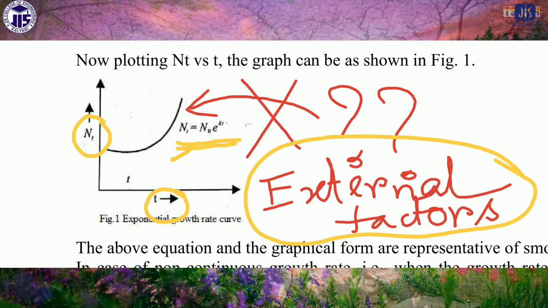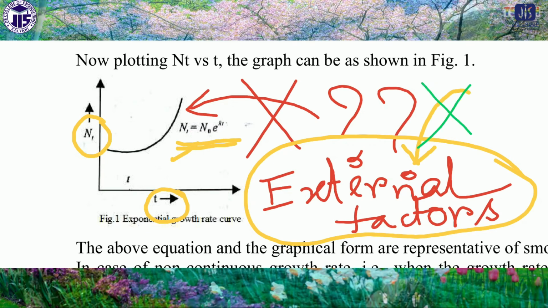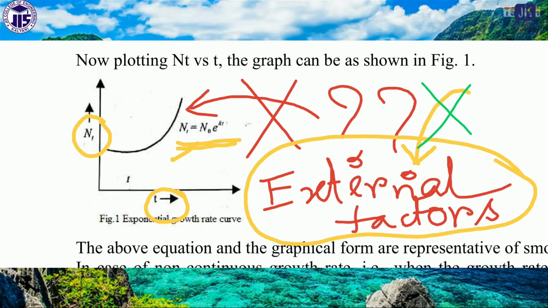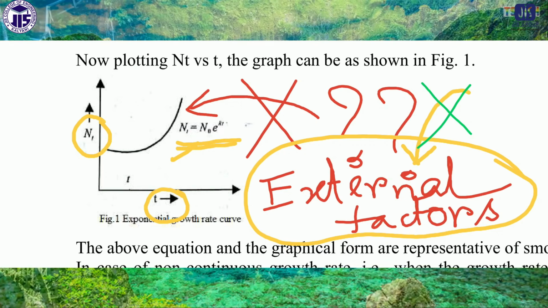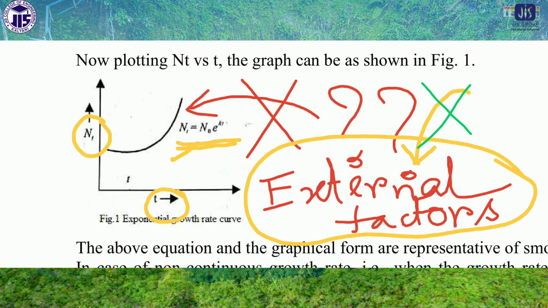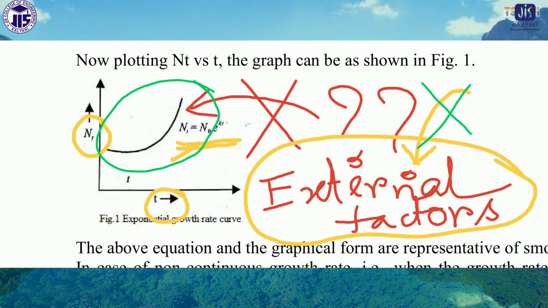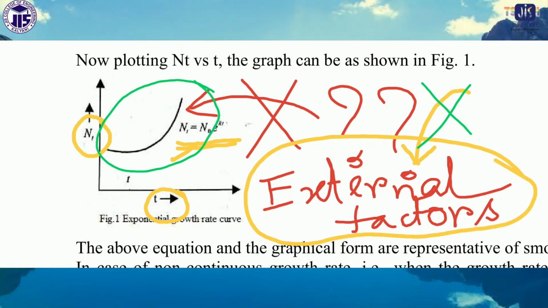But in the exponential growth model, we ignore those factors. That means external factors are totally ignored when we calculate the exponential growth model. For this reason, we did not consider any effect of the external factors in this graph, and that's why we are getting such a graph from the equation, which shows that generally population will be increased exponentially.